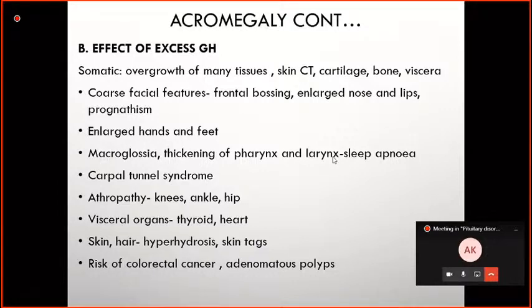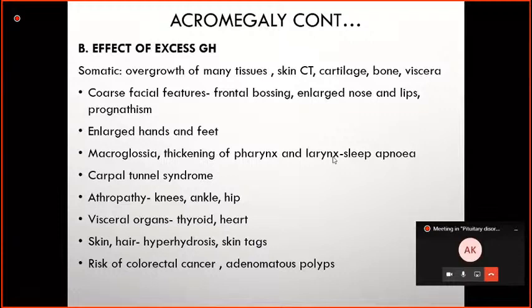Usually they complain of increase in the size of their shoes. They cannot wear their rings anymore. It is a progressive effect; it doesn't occur in a few months, it occurs within years. Increase in size of the tongue, thickening of the pharynx. The patient can have sleep apnea. They can have carpal tunnel syndrome because the soft tissue of the wrist increases in size.